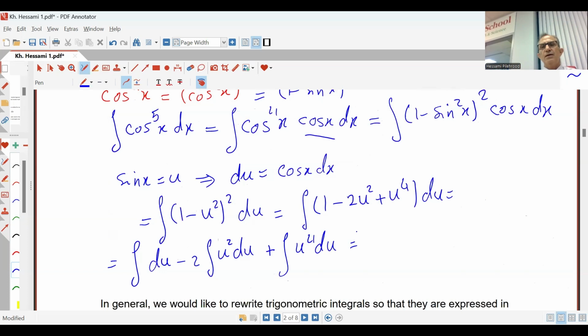By using the power rules, we will have u minus 2 over 3 u to the power of 3 plus 1 over 5 u to the power of 5 plus c.